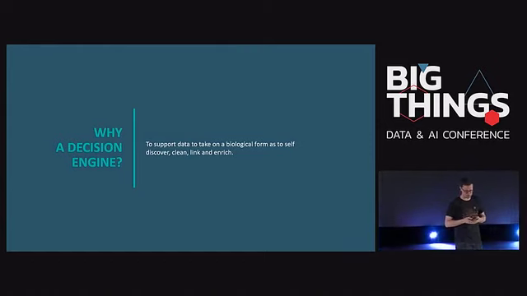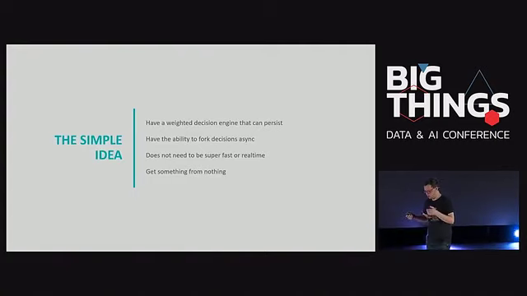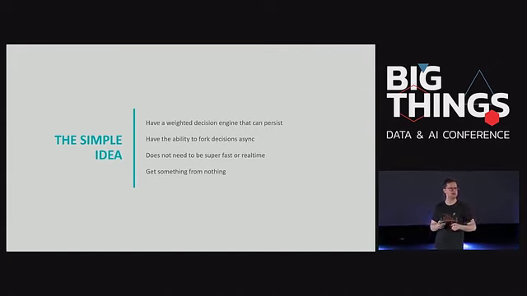So let's go into how we did it. We had a simple idea. We needed to build a decision engine that could take data in and automatically prepare it as much as possible. For this, we realized very early on we needed to persist data. Why? Because data doesn't stop flowing.